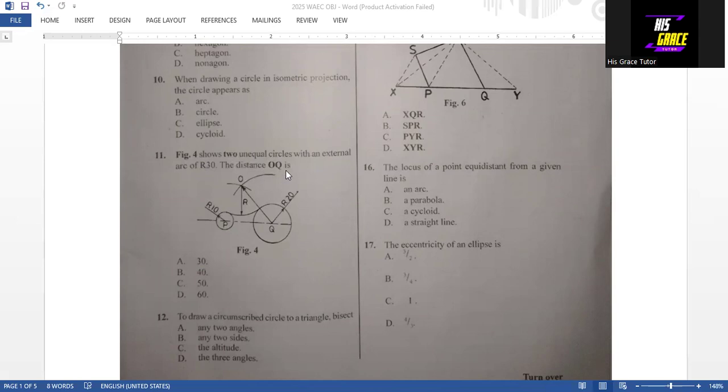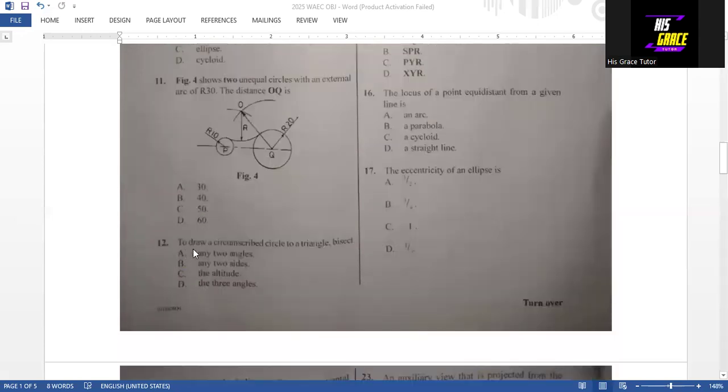The distance OQ is 50 millimeters. Because if this circle has a radius of 20 and this arc is drawn with a radius of 30, all you have to do is to sum the radius of this circle and the radius of this arc, sum them together, and that will give us 50. So option C is the answer to question 11.